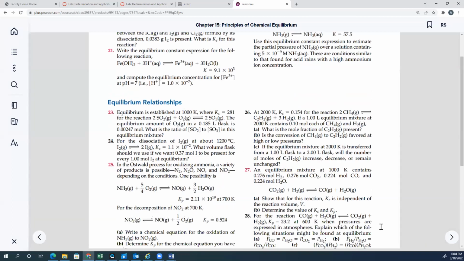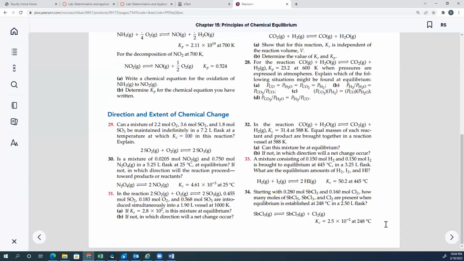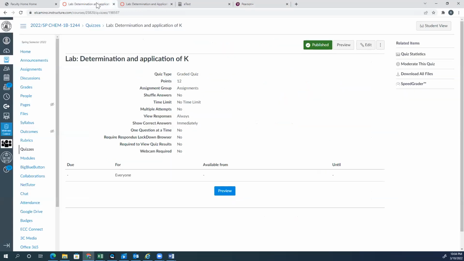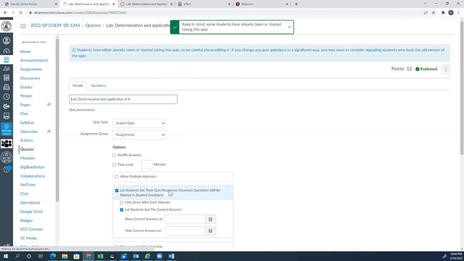I kept trying to refresh it and the question wouldn't pop up, so I hit submit. Do you think you can add an extra attempt? Oh, shoot. Okay. There was only one attempt, the lab? Yeah.